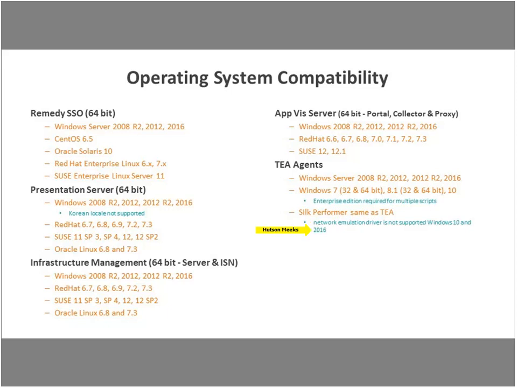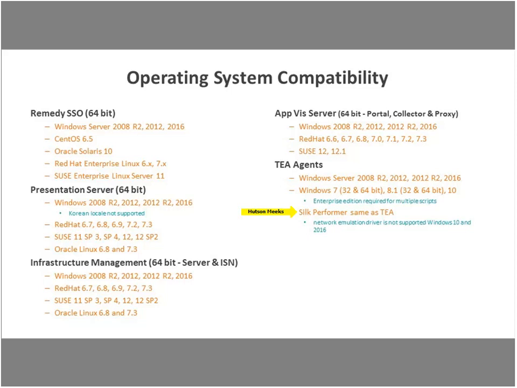The rest of the OS platform support for Silk Performer is basically the same as the ones that you see here. And obviously you'll notice that the TEA agent and Silk Performer are only supported on Windows. It never has and does not support Linux or any other platform.